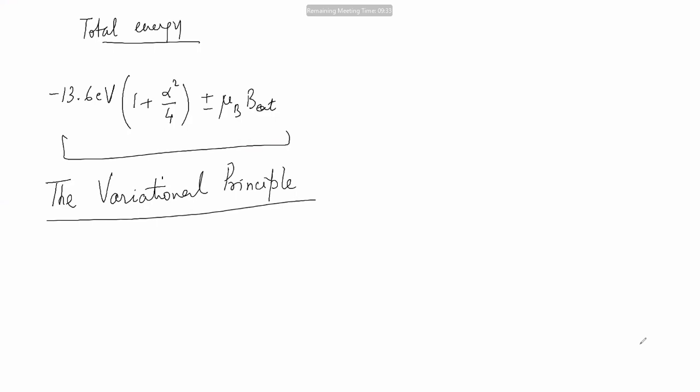Some problems we solve using approximation methods, like perturbation theory, the variational principle, and the WKB approximation. For perturbation theory, we saw that it is the H naught part which should dominate, and the perturbed part should contribute a little. That would be only a correction.